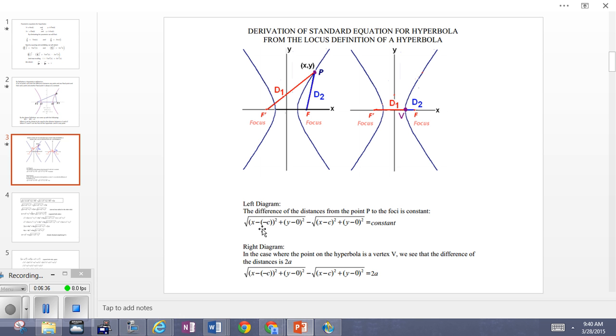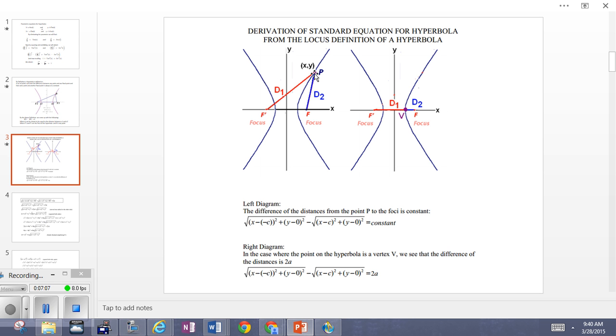Setting up our distance formula between our general point xy and the point at F1. For convenience, we're putting this on the x-axis, so the coordinates of focus 1 are at negative c comma 0, and focus 2 over here is at c comma 0.